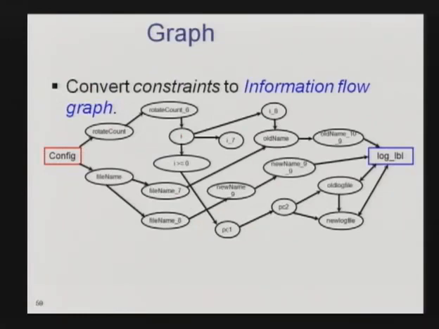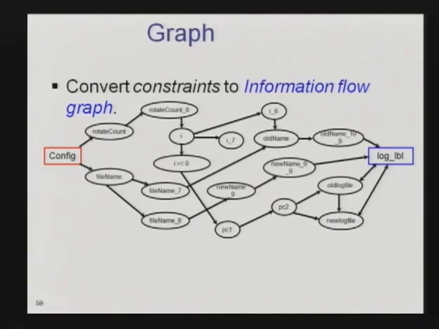This is your high security variable, the config file, and this is the log file that you're writing to, and these are all paths through which the information can flow. For example, new name 9 depends on new name 99. Think about SSA form here as each time there's a variable on the left side, I just rename it.